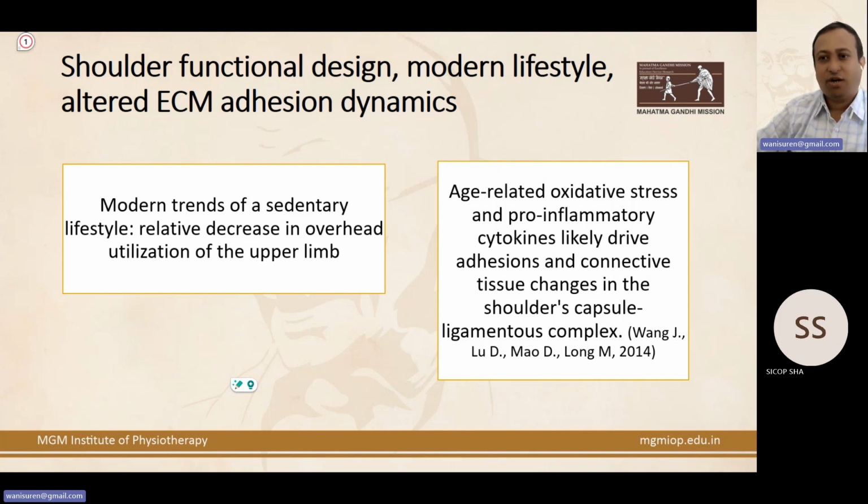Age-related oxidative stress or pro-inflammatory cytokines can also cause adhesions and connective tissue changes in the joint capsule of the shoulder joint, which may cause frozen shoulder.